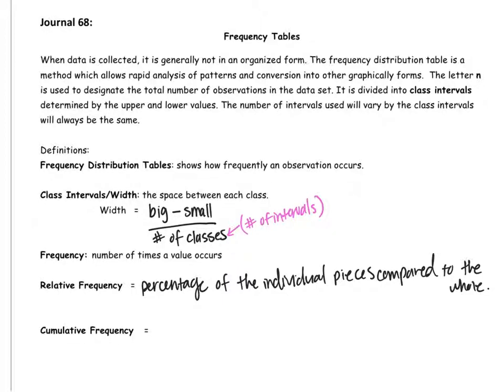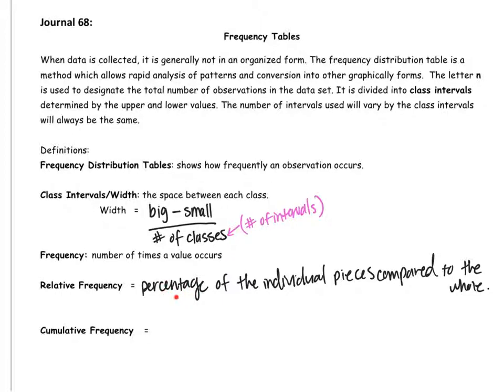What that means is, let me give you an example. Let's say I was looking at one class, and in my classroom, I counted up how many people are in my classroom, so the total number of students. And I want to find the percentage of people in my classroom that have blue eyes. So I would count up how many people have blue eyes and then divide it by the total number of people in that classroom. And that gives me a percentage.